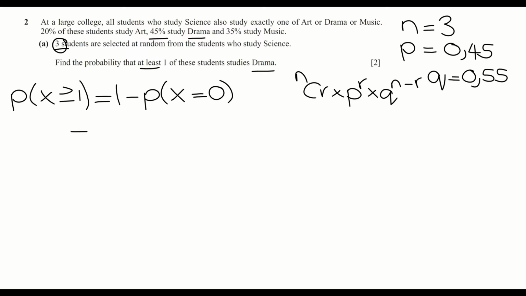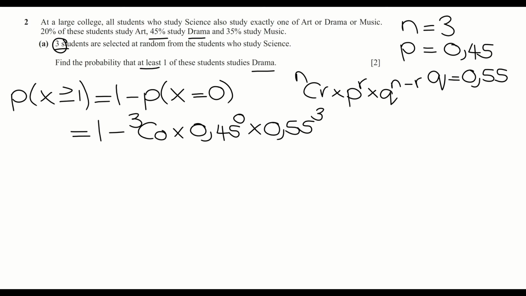So I can say that this is now equal to 1 minus nCr. n is 3, r is 0, multiplied by p, 0.45, with an exponent of 0, multiplied by 0.55, with an exponent of 3.